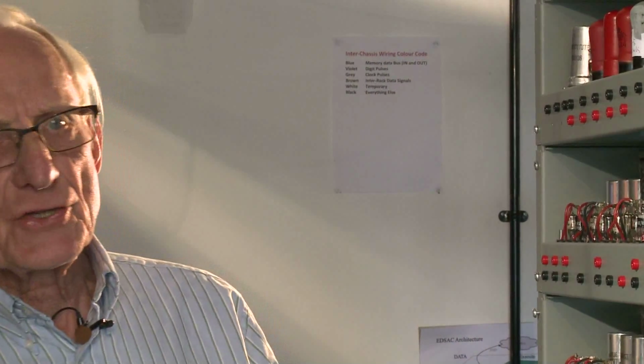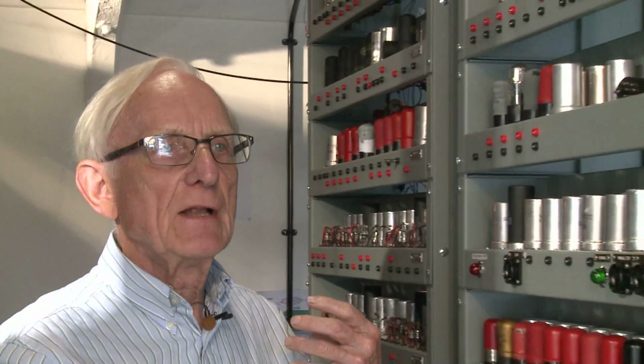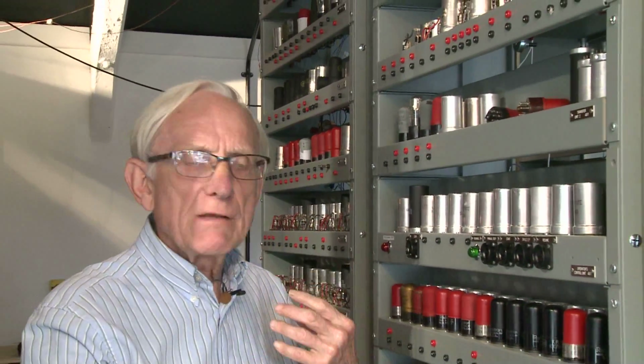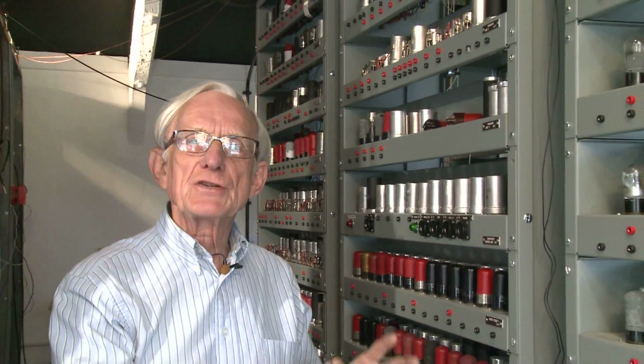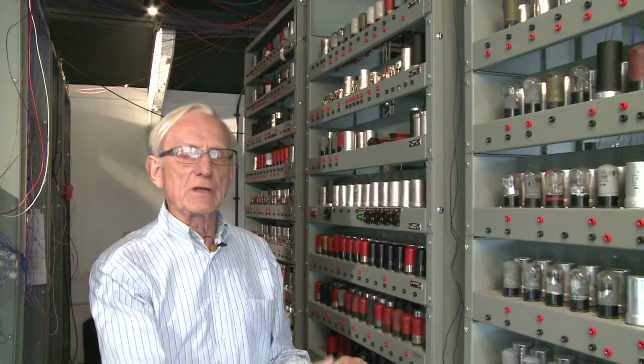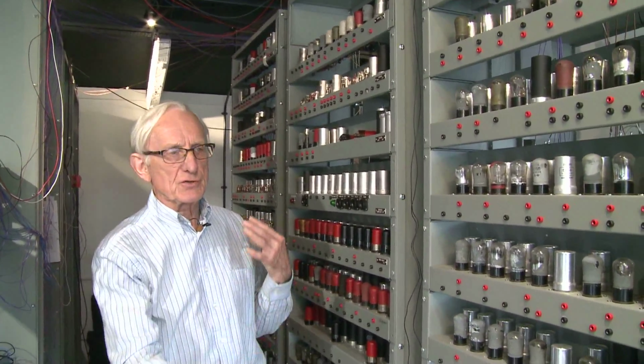In a serial machine like this, where information is flowing on single wires in a sequential series, it's nevertheless very important that some of the information is held steady so that it can open gates and connect registers and so on.